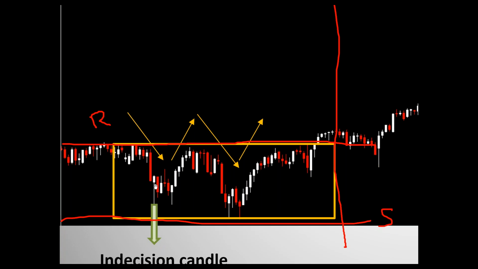Because I had a lot of steam to the downside. Bears managed to push the price down over here, creating this long tail down, but the bulls fought so hard that they managed to close the session with a bullish candle, but the body was small.